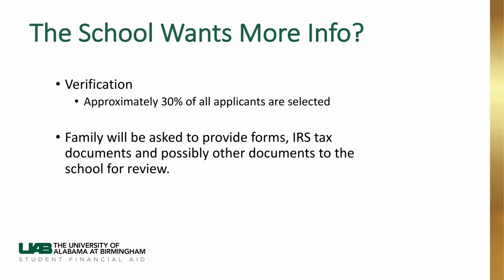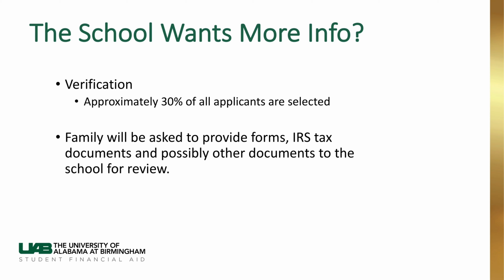About 1/3 of all students who fill out the FAFSA are selected for a process called verification. All verification means is that the Department of Ed has said, hey, we need for the school to review this information. If you are selected for verification, the school will contact you and say, these are the things we need. In most cases, they're going to need a copy of a tax return transcript, which you have to request from the IRS.